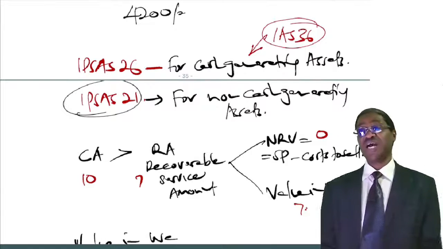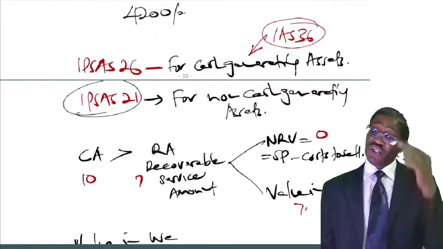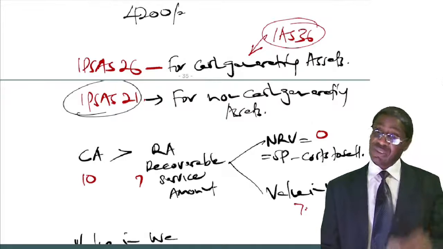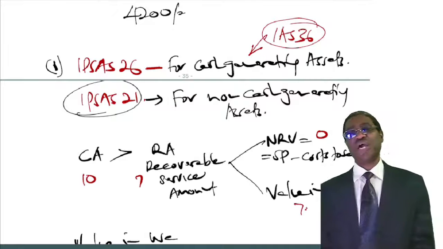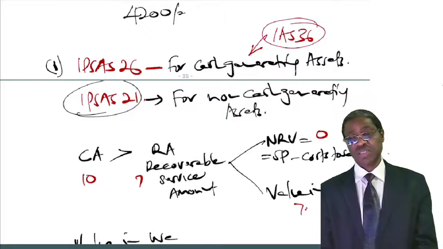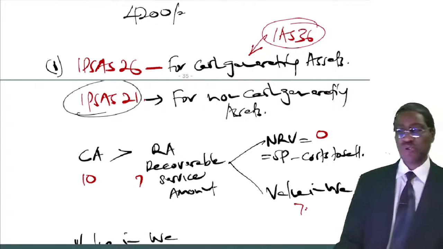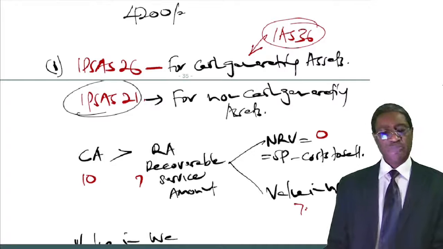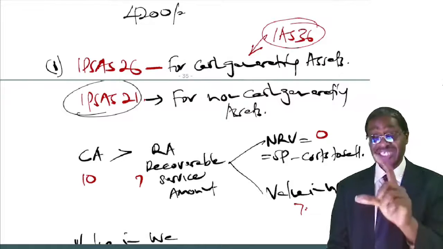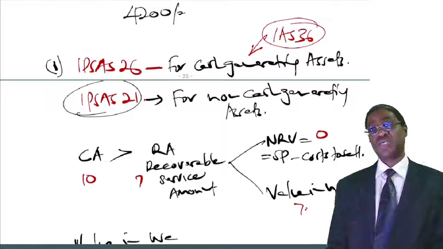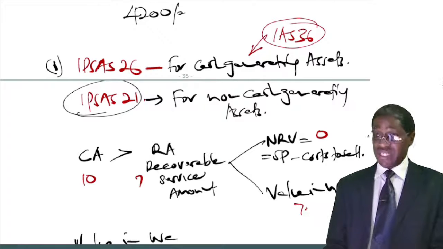One, IPSAS number 26. Then you put a dash. Say this: cash generating assets.